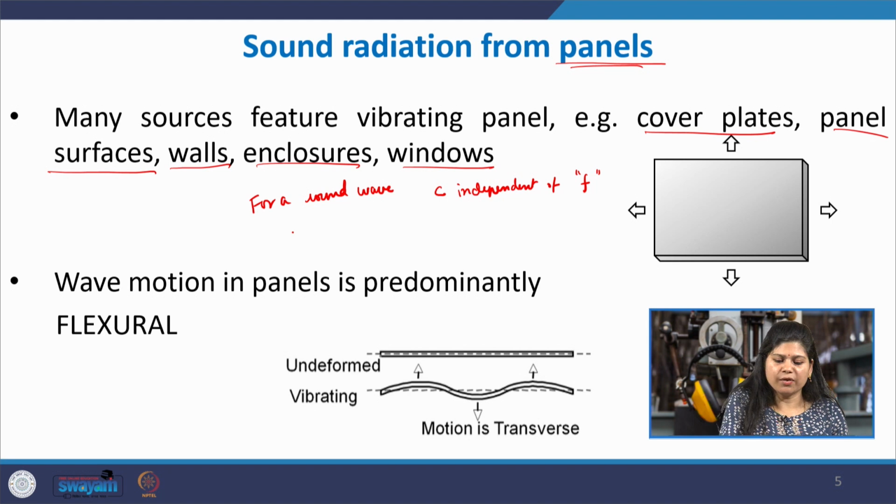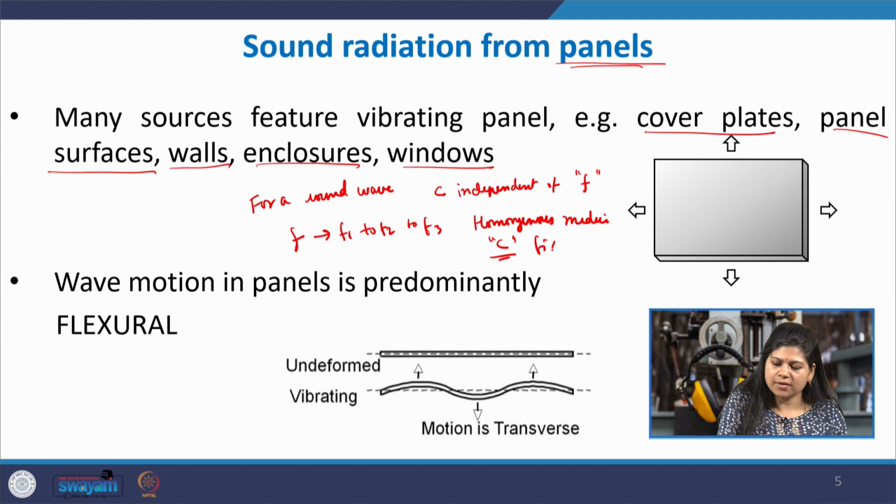So, if the frequency is changing from F1 to F2 to F3, but the medium is continuous and homogeneous, it will be a fixed C. The speed is independent of what frequency of wave you are creating.